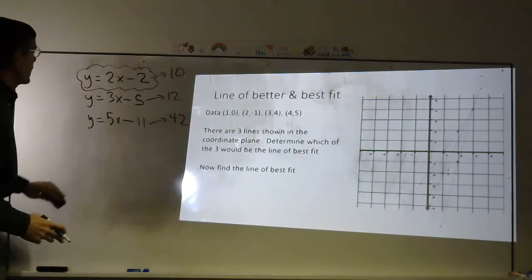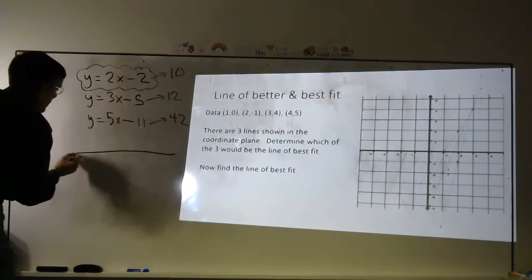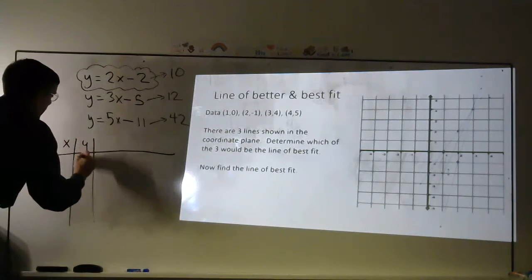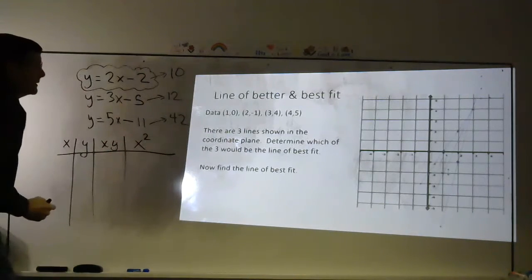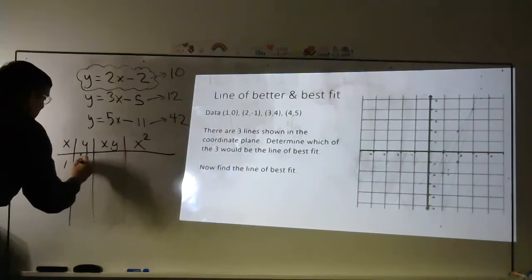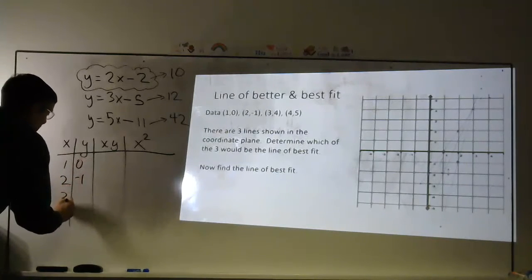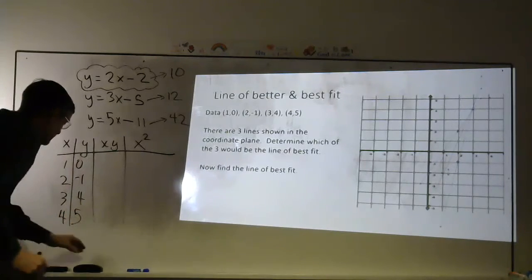And all we need for that is the data. Okay. And we're going to do x, y, and x squared. The data, once again, (1, 0), (2, -1), (3, 4), and (4, 5). Okay?